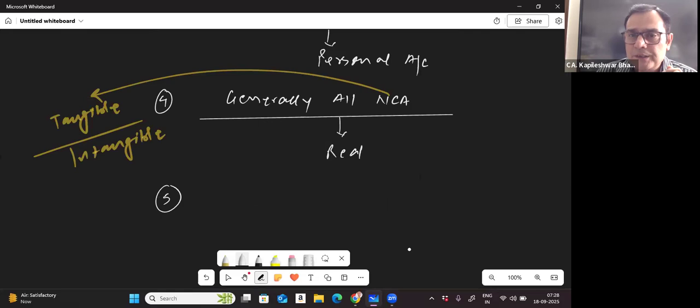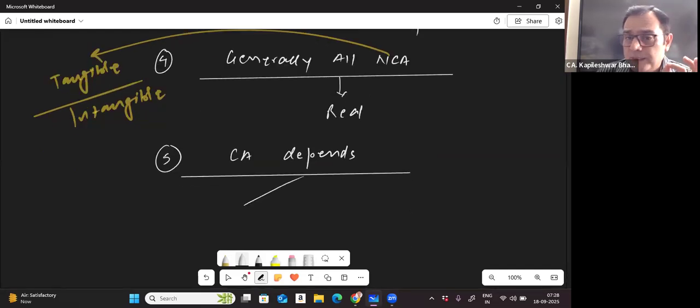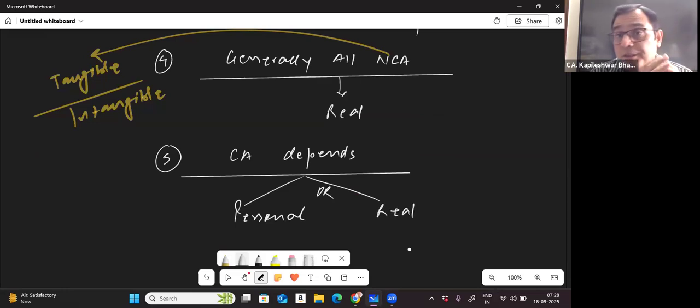The number five is, in this particular case, we said that current assets depends. That is the only thing which needs to be evaluated. Current asset depends. You need to identify: they might be personal if they relate to a person, or they may be real account, but of course never nominal accounts in nature. So balance sheet contains only personal and real accounts because balance sheet contains assets and liability.